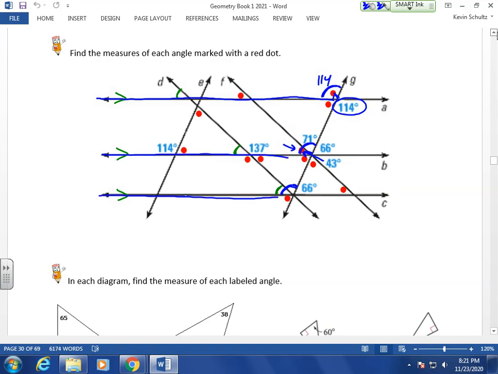So the angle that is going to be consecutive interior with this red dot, you don't look at this other transversal D intersecting E, you're looking at this angle right up here, right? That one that connects the transversal to that top horizontal line is where consecutive interior angles are going to lie.